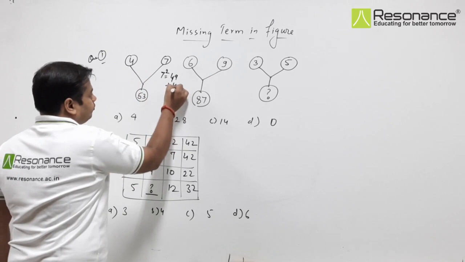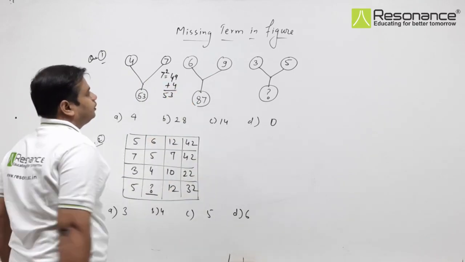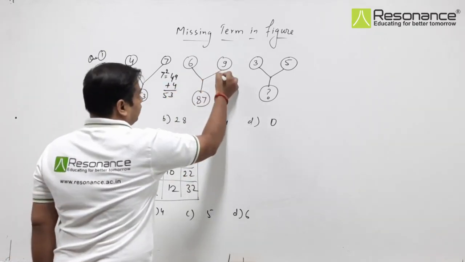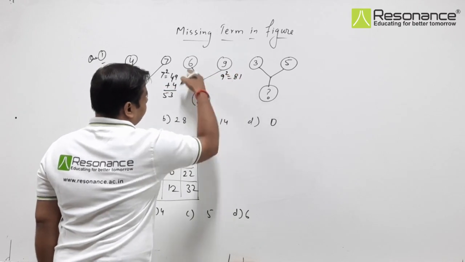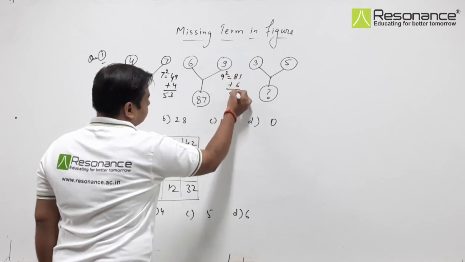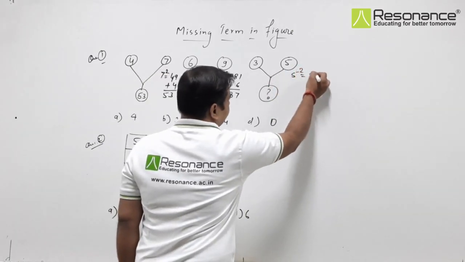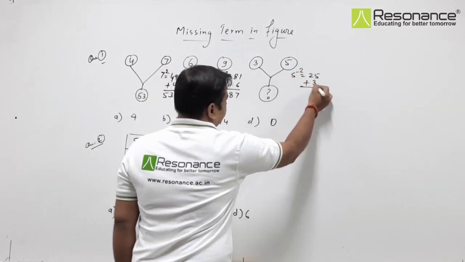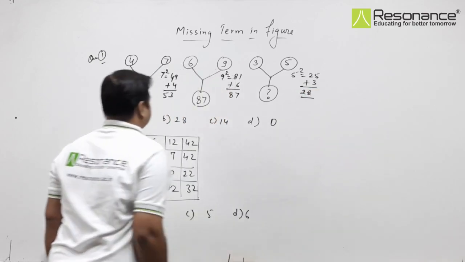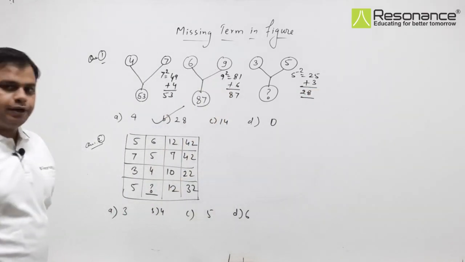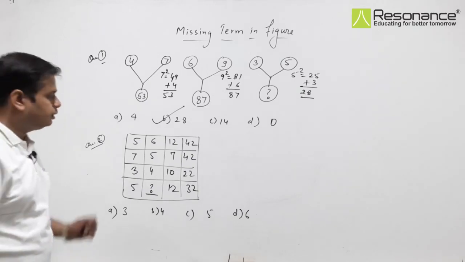So 49 plus 4 is 53. Similarly, 9 square is 81 plus 6 is 87. Similarly, 5 square is 25 plus 3 is 28. So 28 is the correct answer.